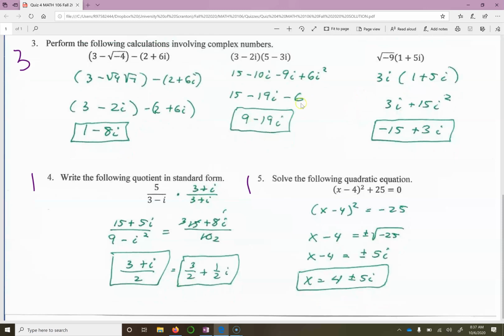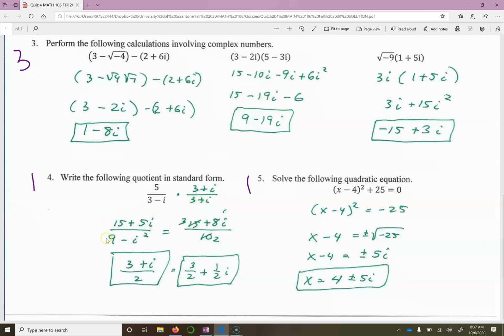And then again, distributing here and then knowing that the i squared here is going to make that a negative 15. Number 4 was basically getting rid of the complex term in the denominator. So we're really rationalizing the denominator just like we did in one of the previous sections. What we have to do here is find the complex conjugate, which is just the same binomial in the denominator, but change the sign. So you multiply both the numerator and the denominator by 3 plus i.